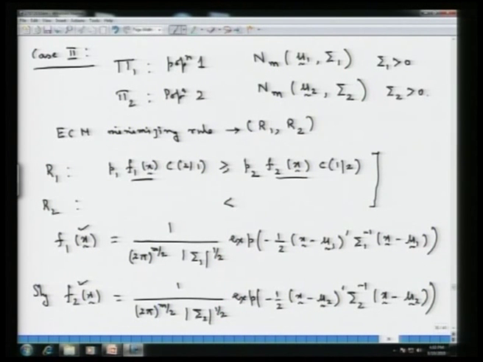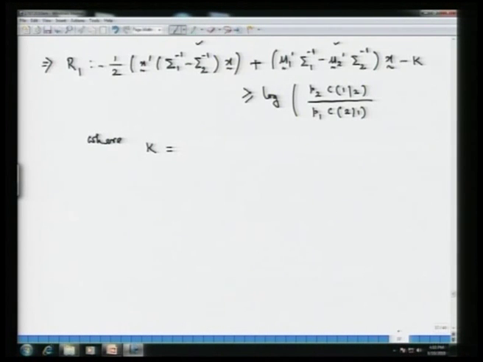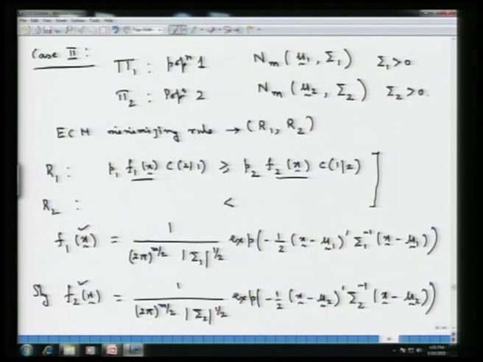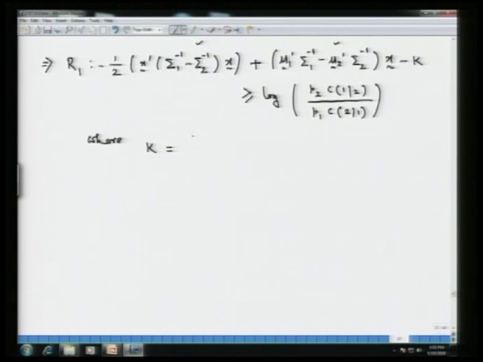That is, mu 1 transpose sigma 1 inverse mu 1 and mu 2 transpose sigma 2 inverse mu 2 are the terms that come here. Also, we will have the determinant terms, the log of that term, because they do not cancel out for this present setup.